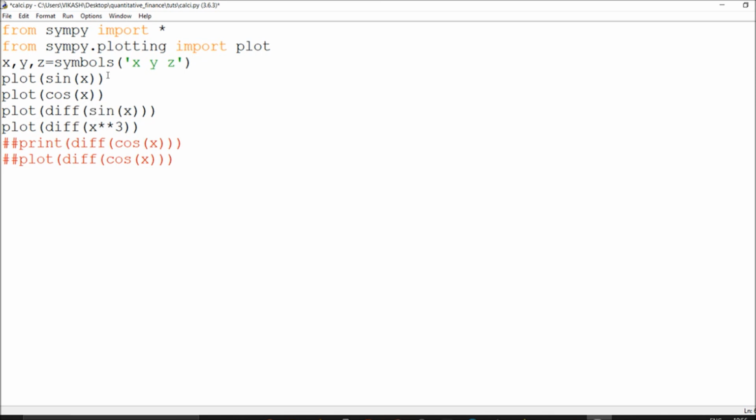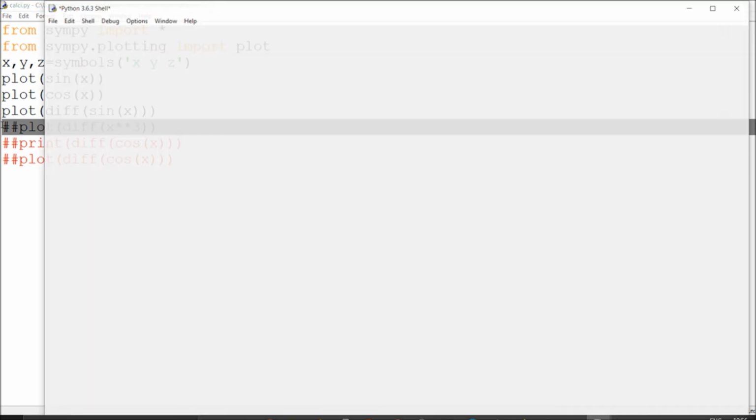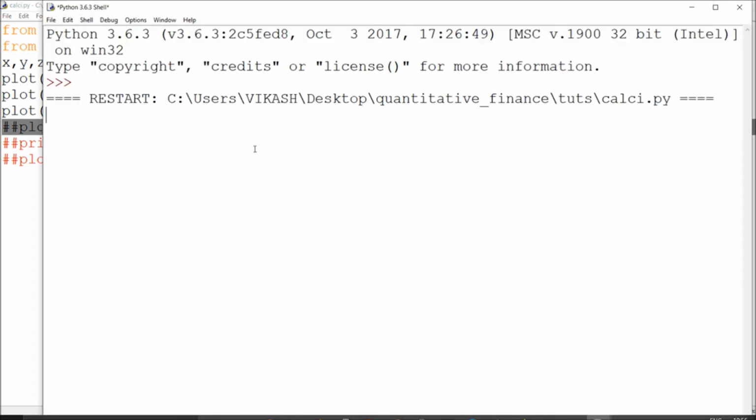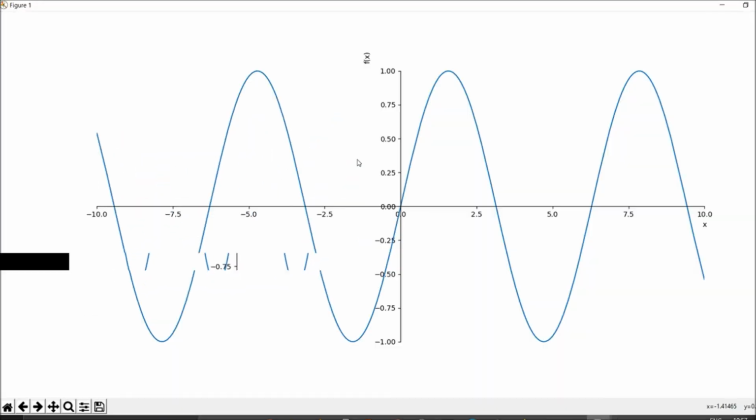We'll try to see what we are doing. So this is our sin x, which starts from 0.